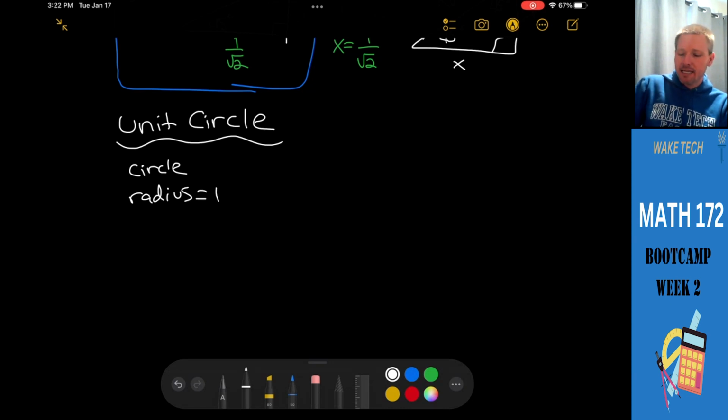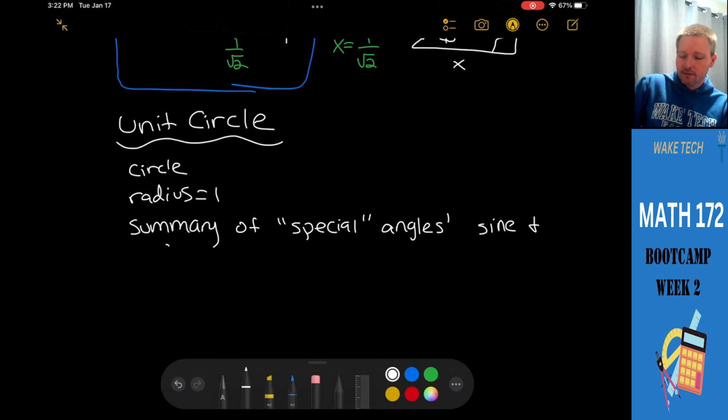And essentially it's a summary of special angles, sine, and cosine ratios. And special angles are angles that are multiples of 30 and 45 degrees.